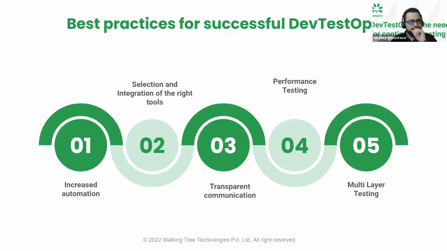Now, again, pointing out my repetitions, I've mentioned many times during this presentation, increased focus on automation is key to implementing DevTestOps successfully. However, we should note that not just the test cases, but also any repetitive processes that qualify as a candidate for automation should be automated. This would really help save a lot of time.